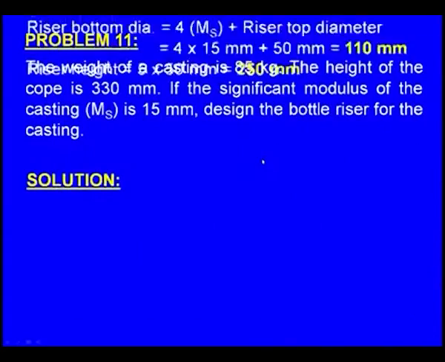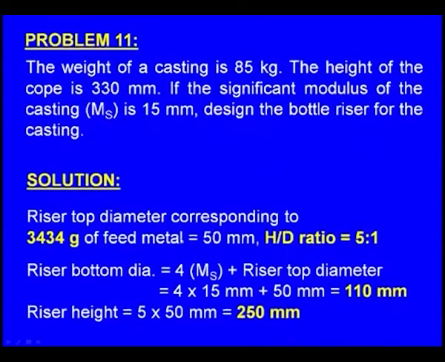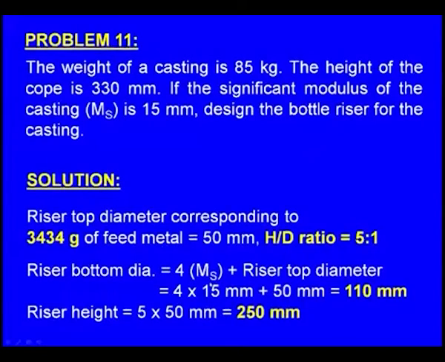That be the case, then what will happen? Riser top diameter corresponding to 3434 grams of feed metal is equal to 50 mm. H by D ratio is equal to 5:1. Now, riser bottom diameter is equal to 4 into ms plus riser top diameter, where ms is the significant modulus.